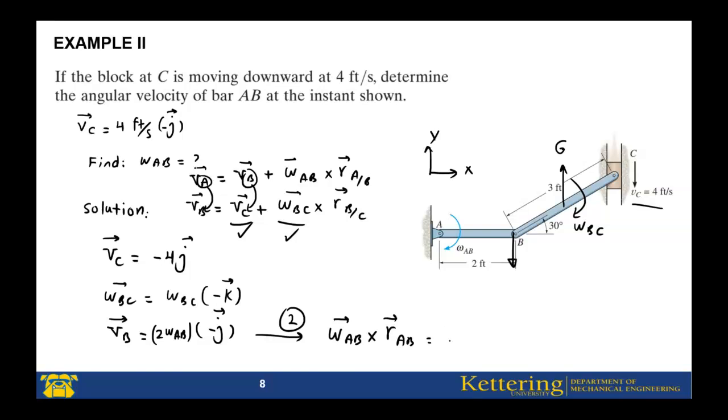Omega AB, as you can see, is omega AB times minus k. Cross product, RAB looks like this. Just draw a vector from P to point B that is rotating. This will be 2i.